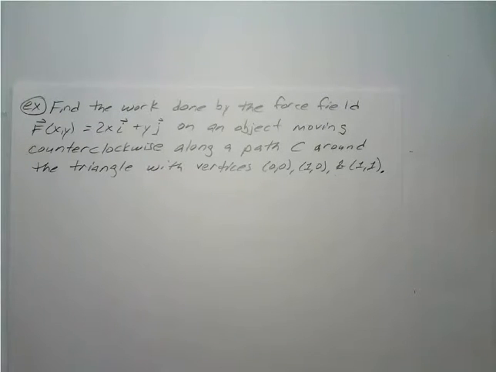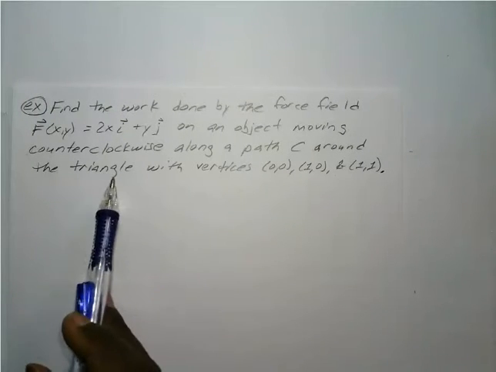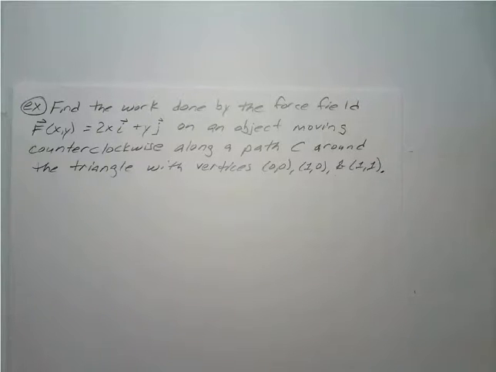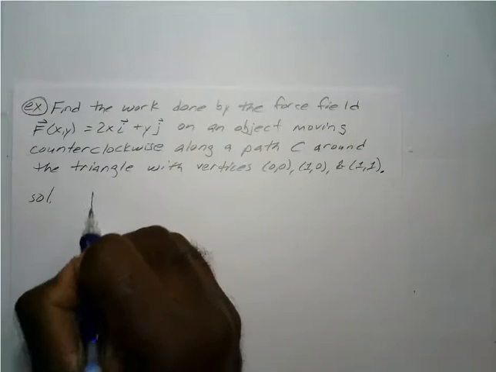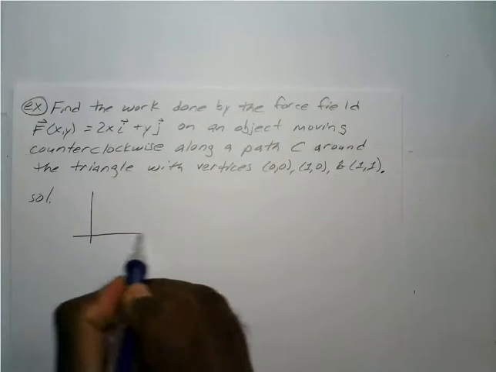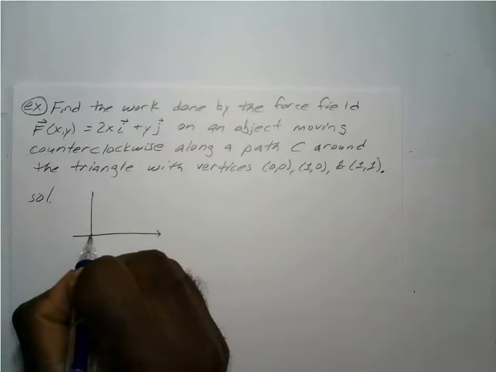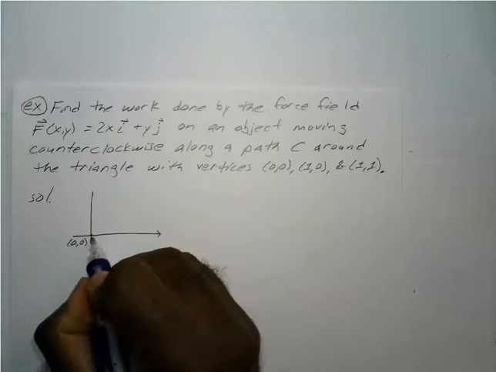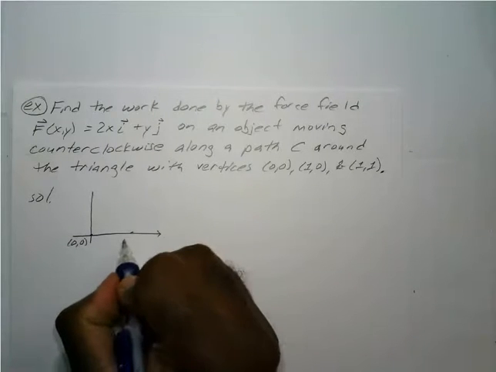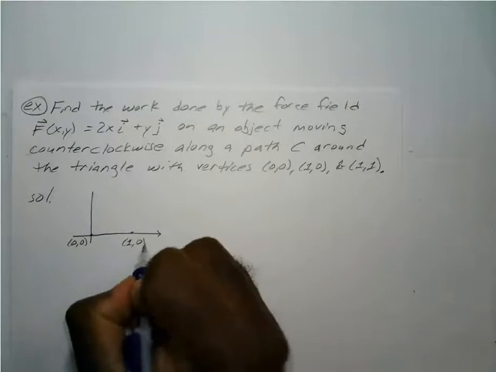Alright, so, of course, with something like this, it helps to visualize by drawing a picture. And for a triangle, it's a pretty easy picture for us to draw. Okay, so this is our (0, 0). This is our point (1, 0).